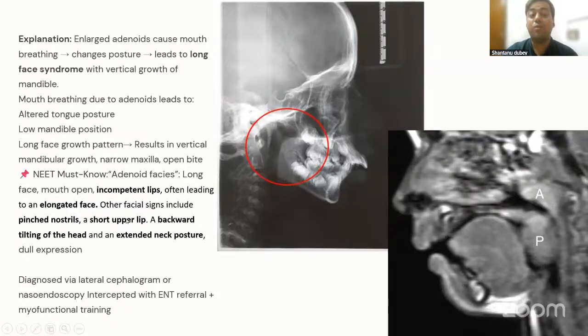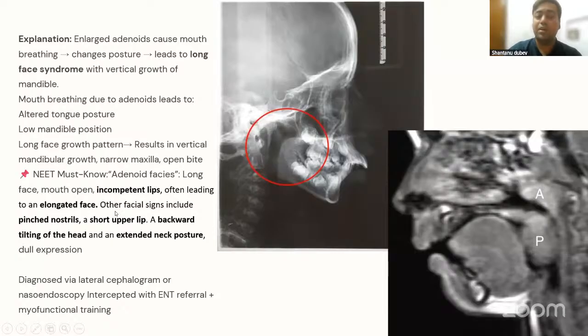So there is an elongated face, and hence long face syndrome is also associated with the same habit. Mouth breathing causes an altered tongue posture, downward, with a low mandibular position. When the mandible is positioned lower, the anterior facial height increases, hence the long face.